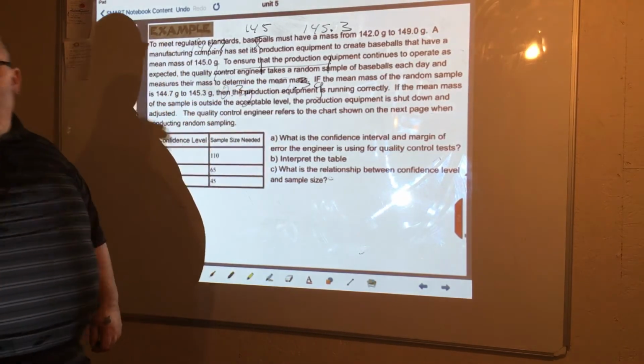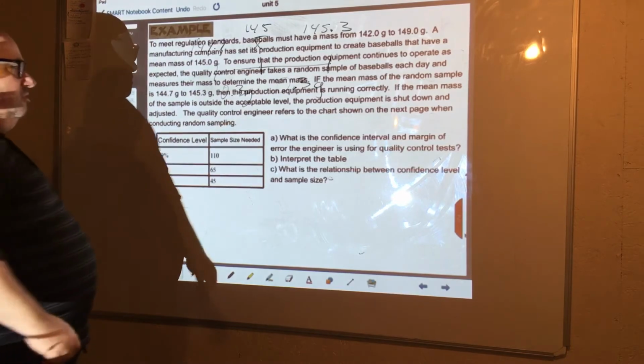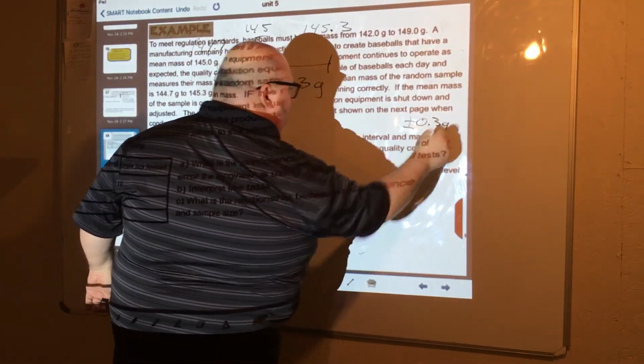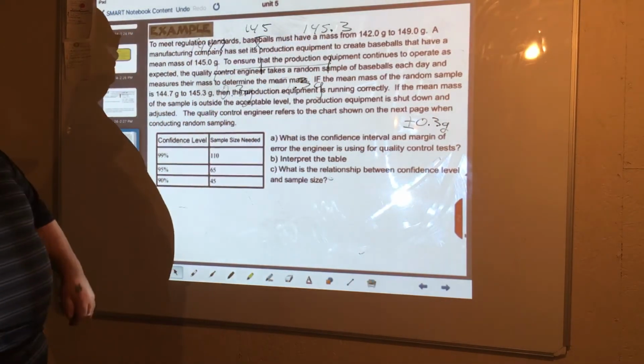This is our plus or minus margin of error, plus or minus 0.3 grams.